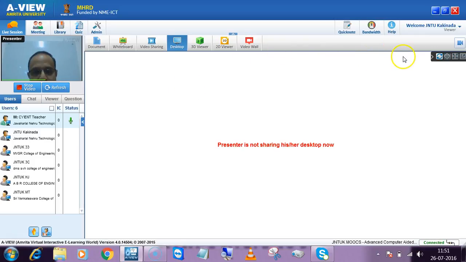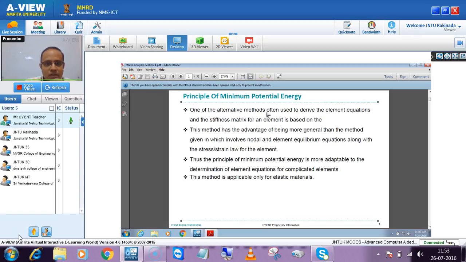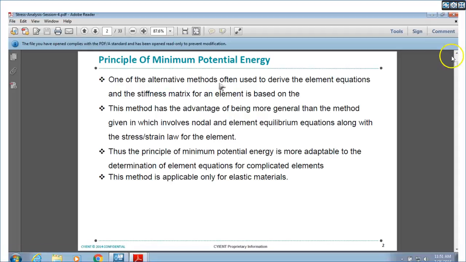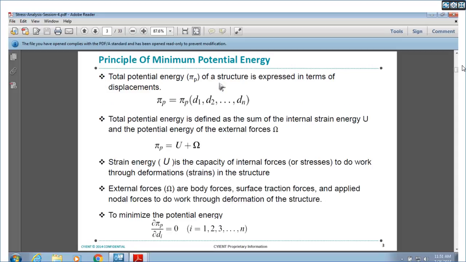It is one of the best alternative methods, which we have discussed in earlier lectures. This method is applicable for elastic materials.